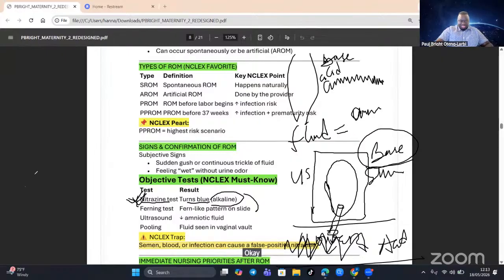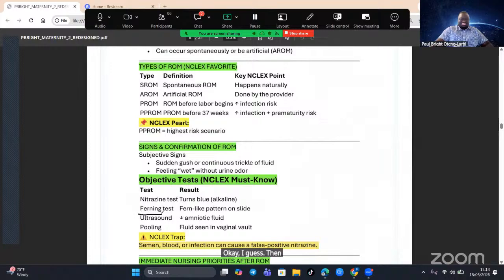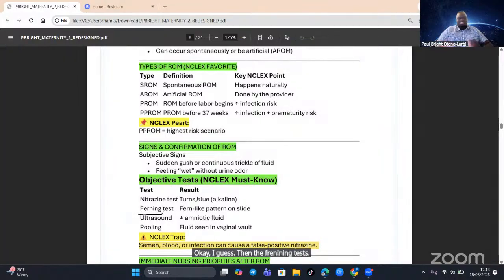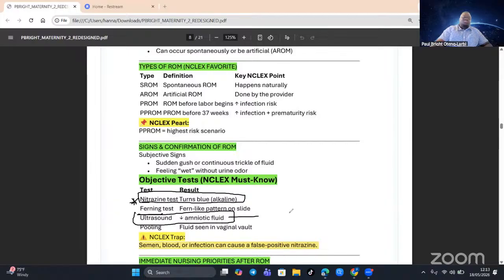Okay. Yes. Then the Fern test. It's like a fern-like pattern on the slide. Okay. But because of cost and money issues, most hospitals like doing this one. We can also do ultrasound to check the amniotic fluid quantity.